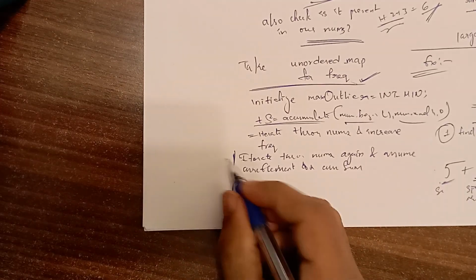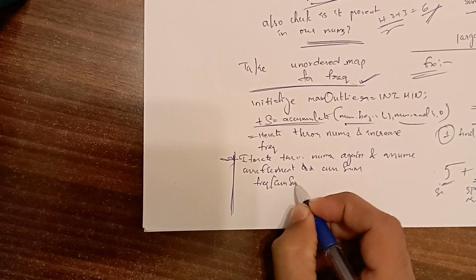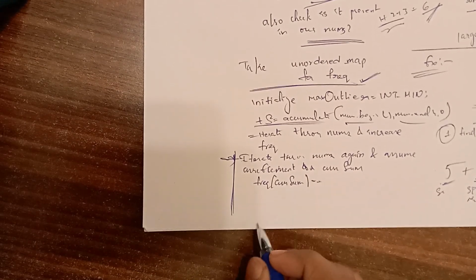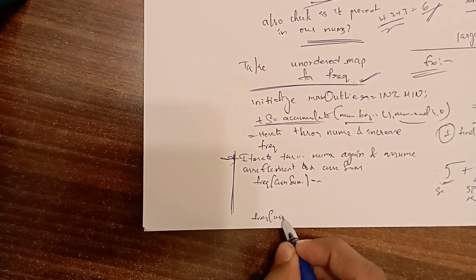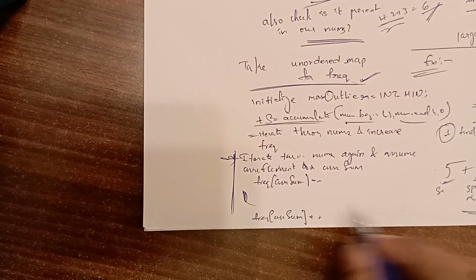In this we need to decrease the frequency of the current sum, and then at last we need to increase it again after some operations. Now this operation will be calculating our outlier.